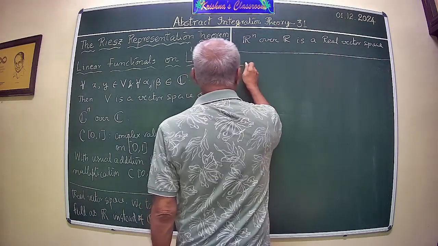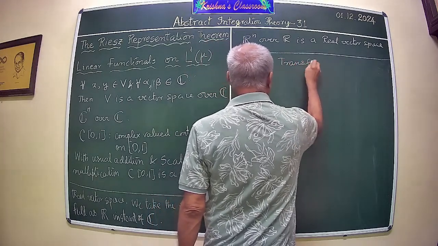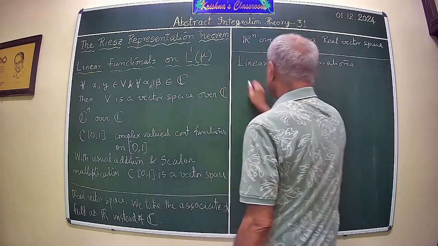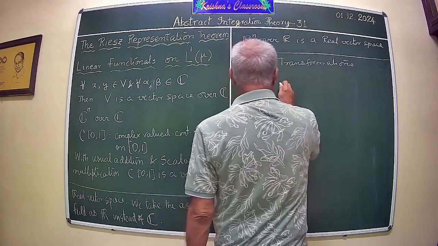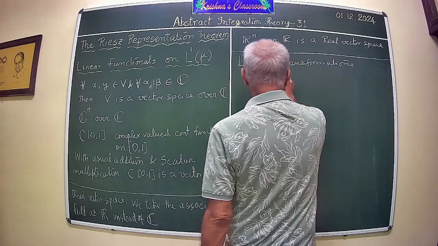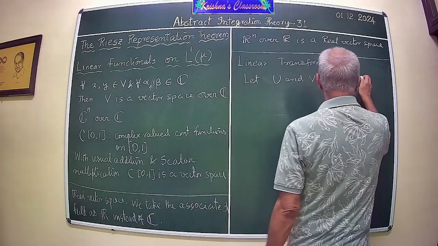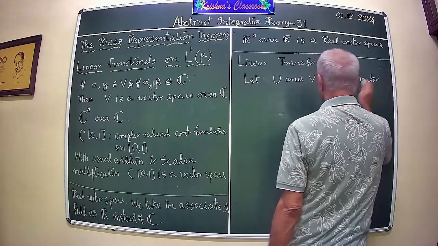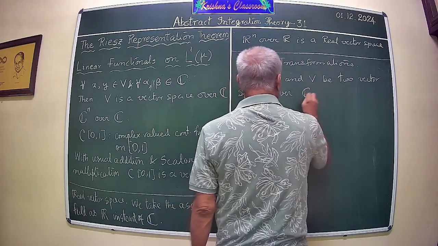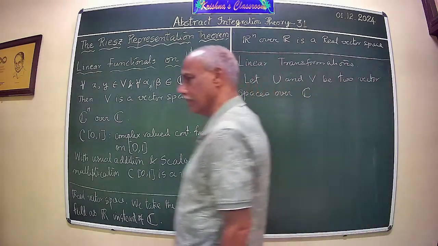So we now introduce what are called linear transforms. Let U and V be two vector spaces over complex scalars, or where the situation comes, you also talk about real spaces.